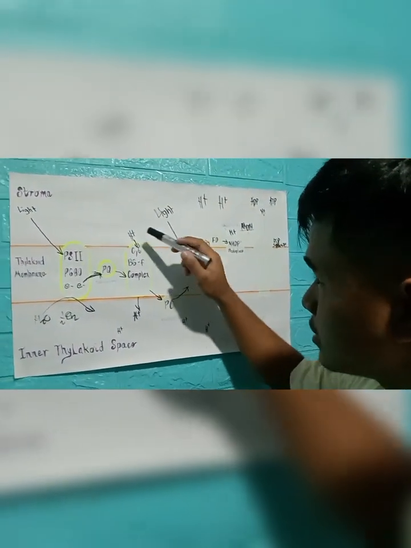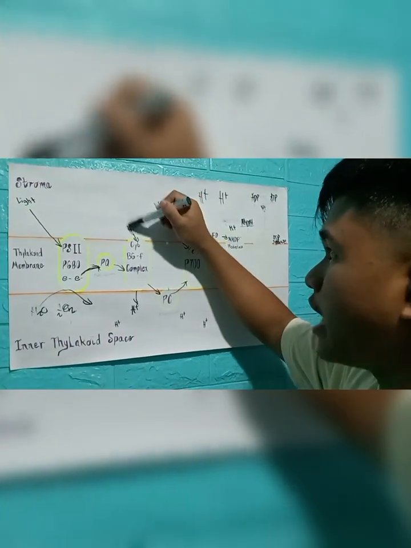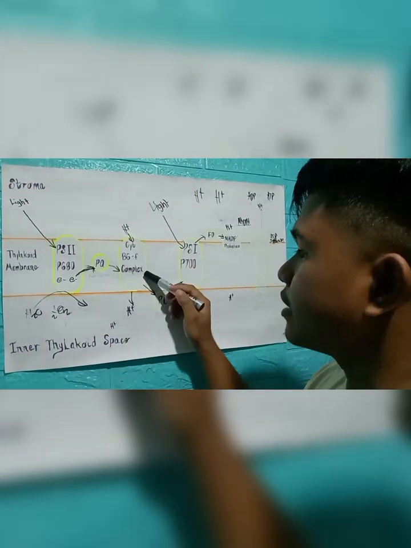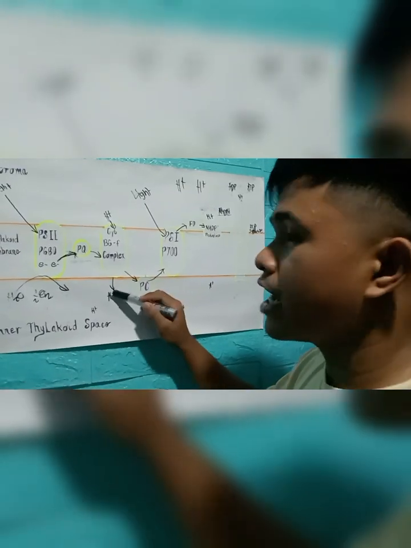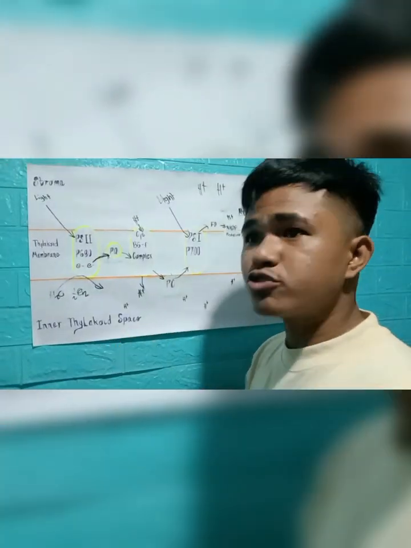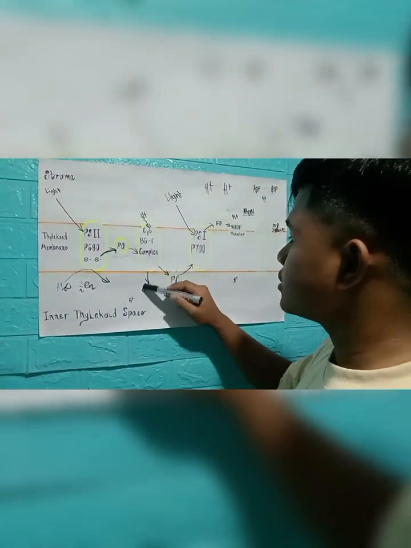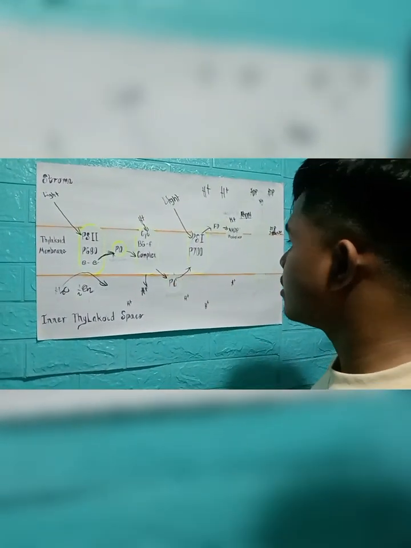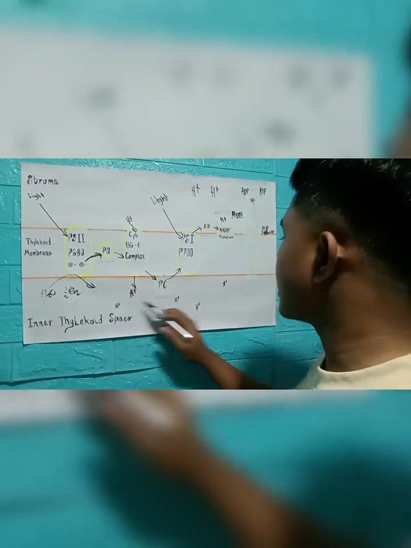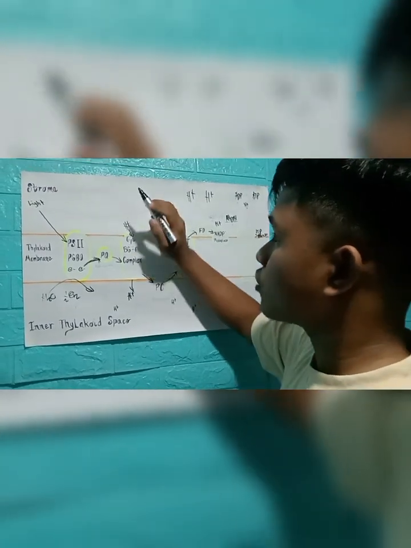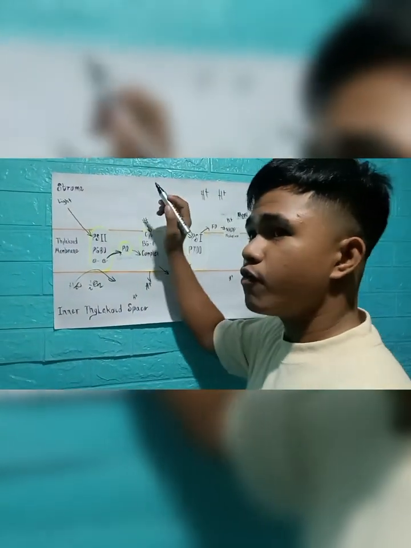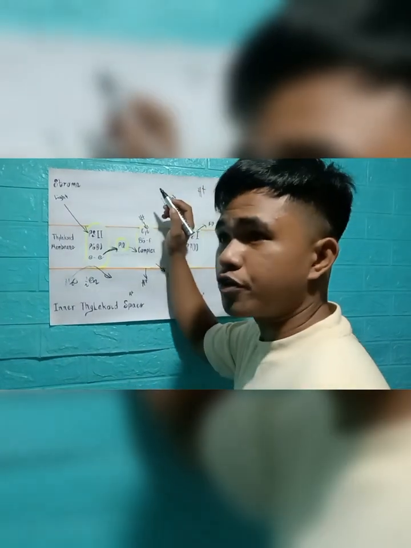Since the hydrogen ions cross into the inner thylakoid, there is a high concentration there, and the stroma has a low concentration.